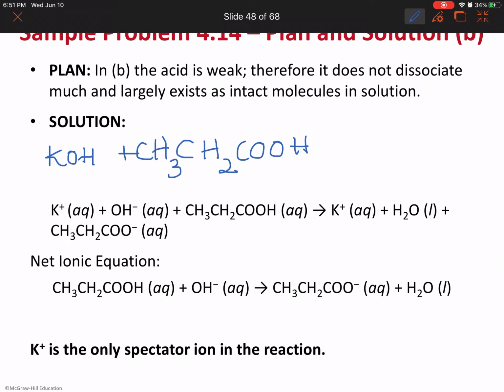So that's propionic acid. Again, the acidic hydrogen is going to be this hydrogen. So it's going to form the product potassium propionate, CH3CH2COOK, plus the water.